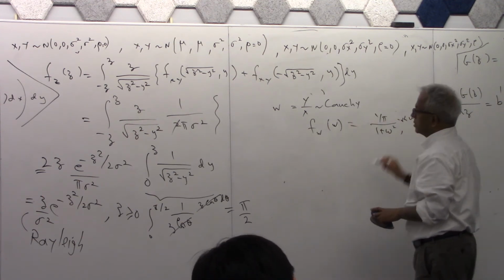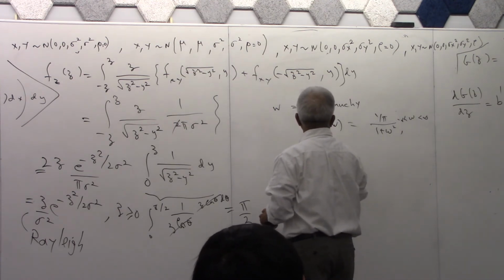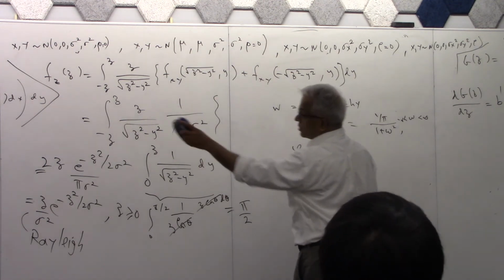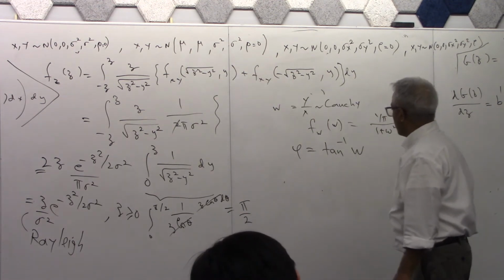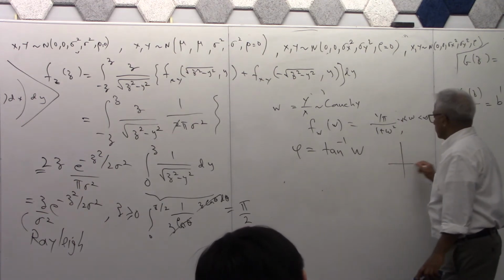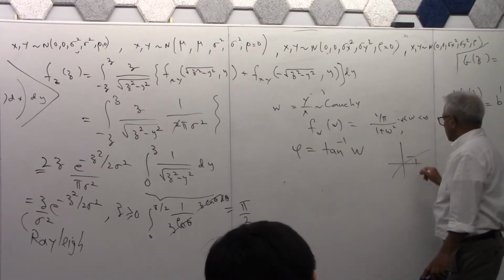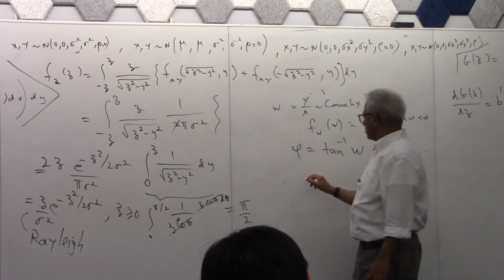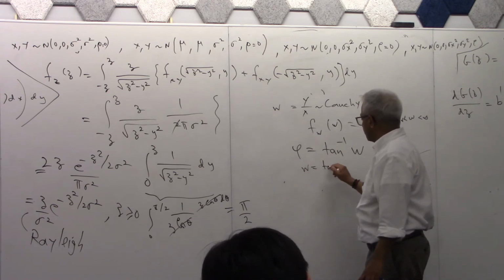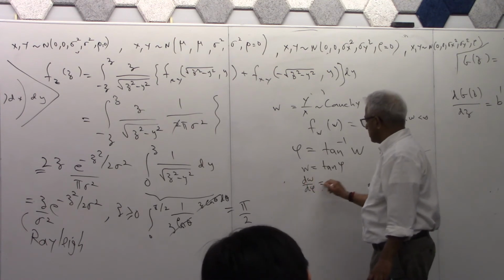So now I want phi equal to tan inverse w. That's what we are asking. So you know this, so w is tan phi, you have w equal to tan phi. So dw by d phi is sec squared phi.